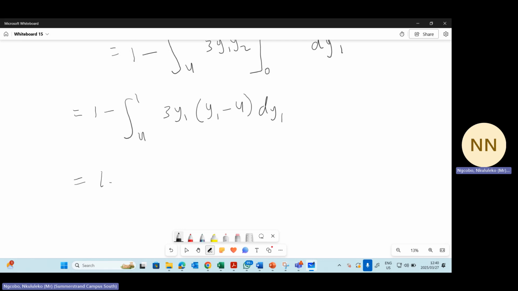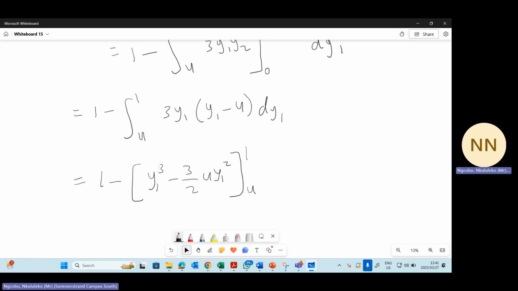So now let's integrate with respect to y1, right? This should be just 1 minus, y1 cubed minus 3 over 2 u y1 squared, close bracket, integrating from u to 1, right?